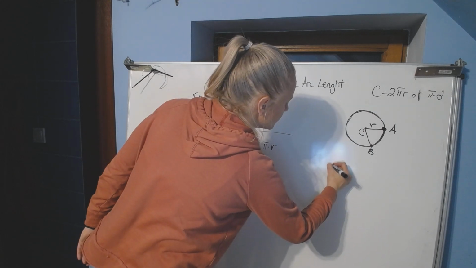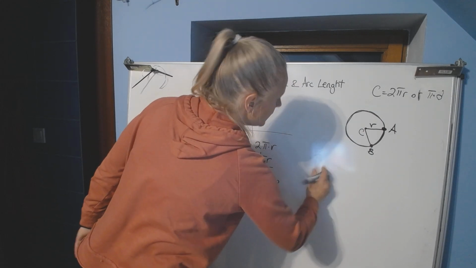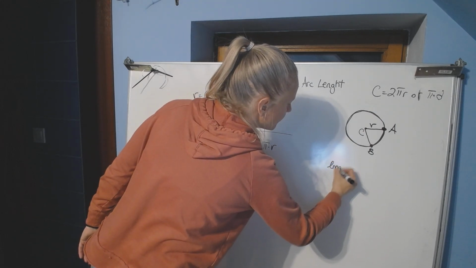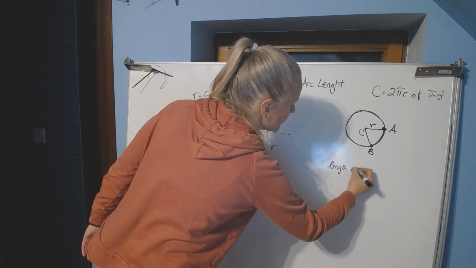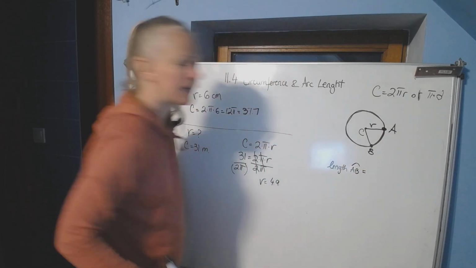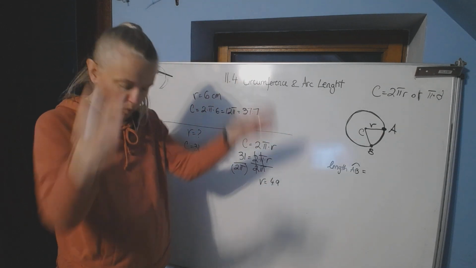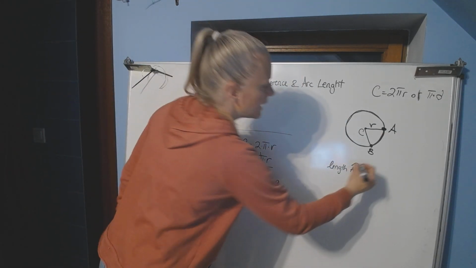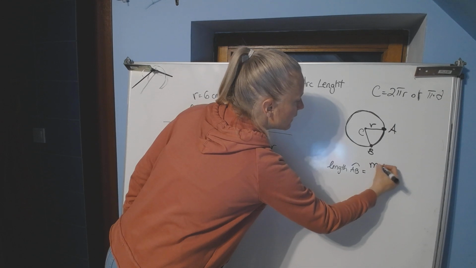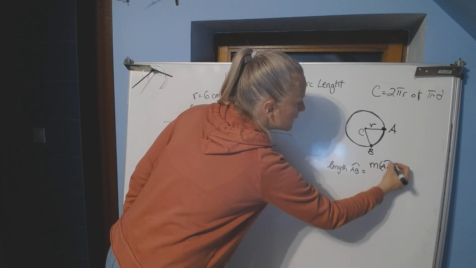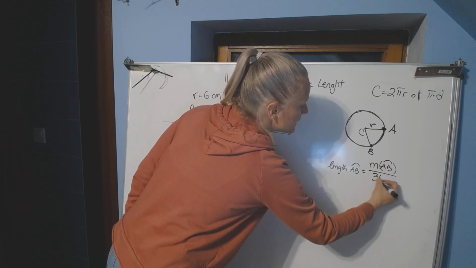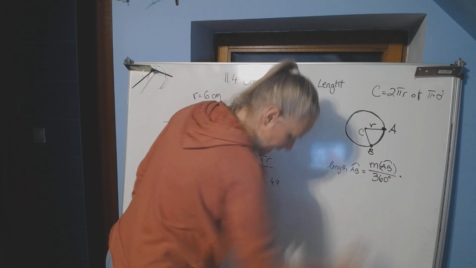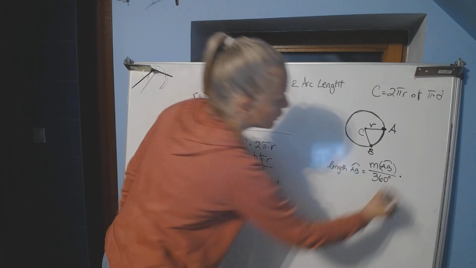The length, the walking length of AB, is going to be, from chapter 10, the actual measurement of AB, which is in degrees, divided by 360 times the circumference of the circle, 2 pi r.